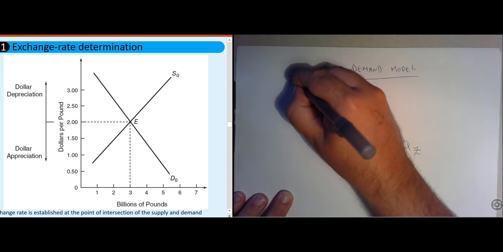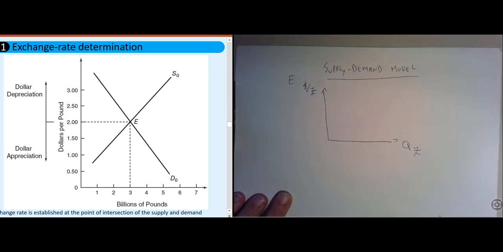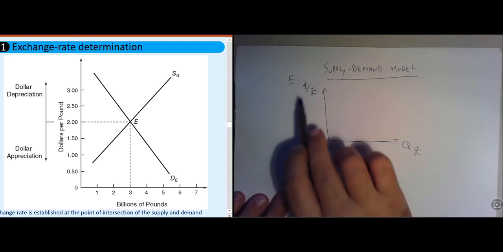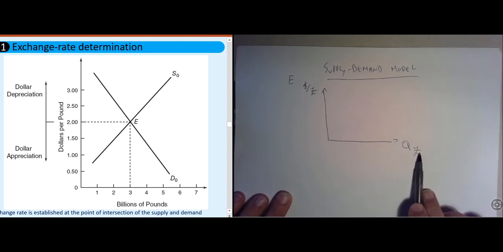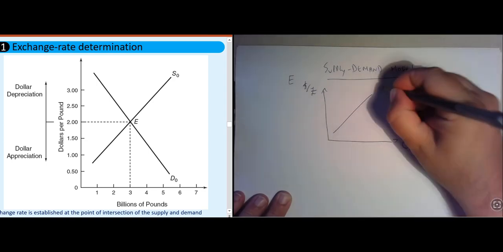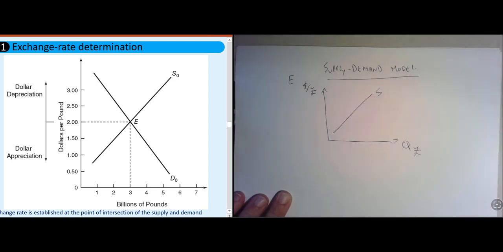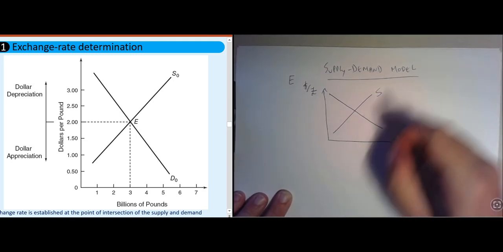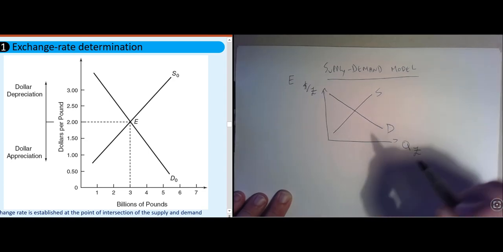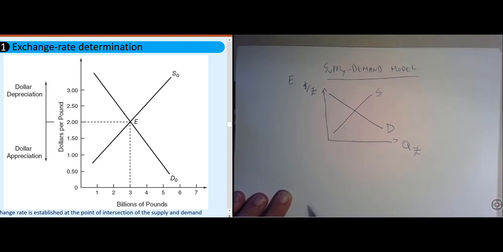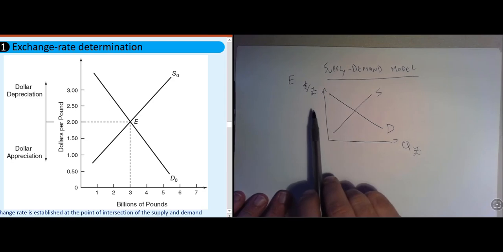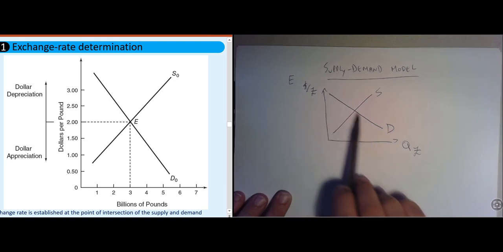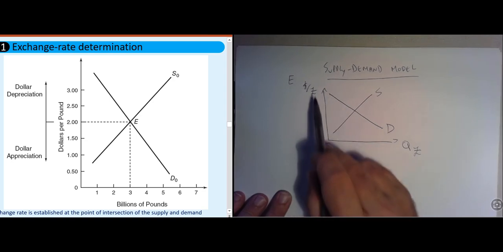So that's the exchange rate in nominal terms, and this is the quantity of pounds traded. And we have a traditional upward sloping supply curve saying that people are willing to sell more pounds the higher the price is, and conversely people demand fewer pounds the higher the price is, or demand more pounds the lower the price is.